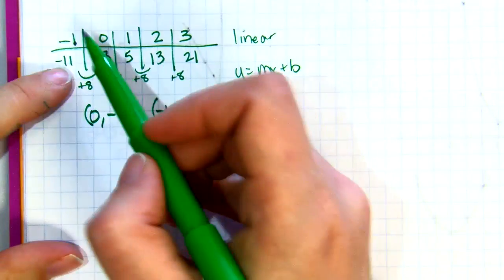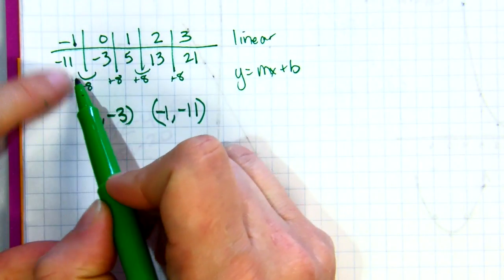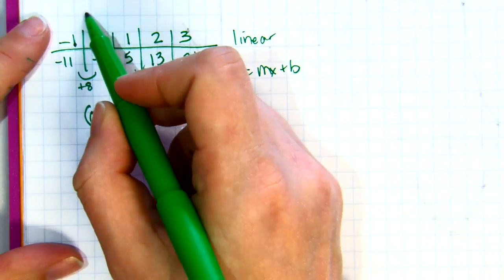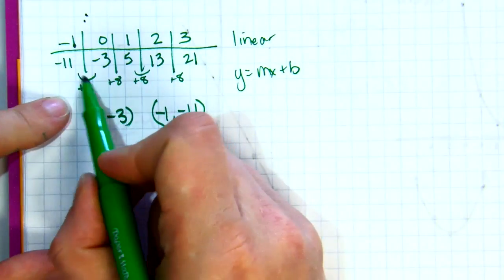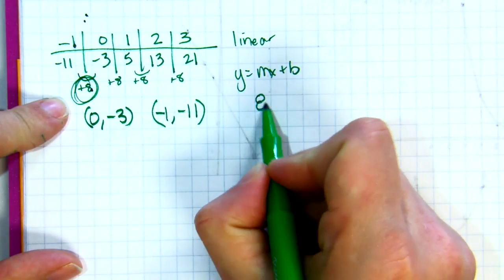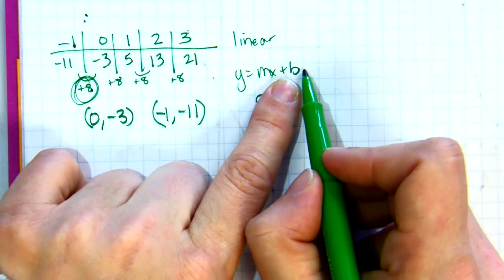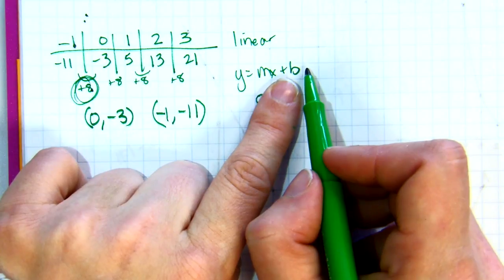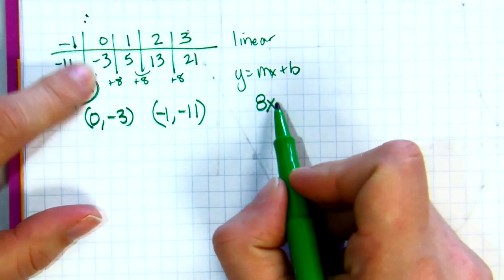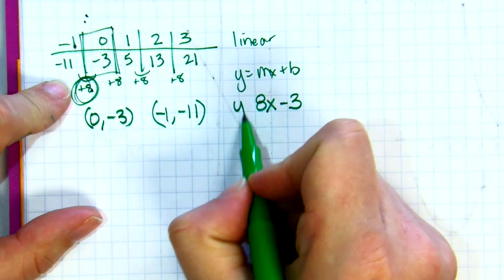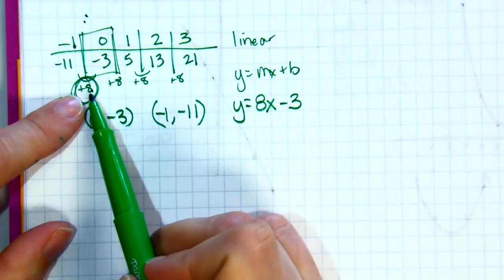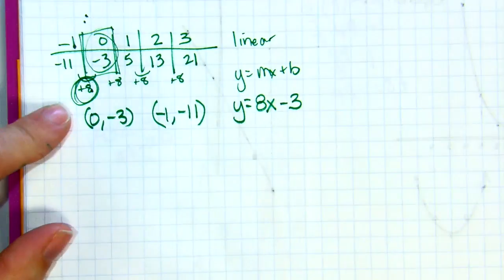But I don't even really need to do that because I can see my change in y over my change in x. I'm adding 8 for every 1. So my slope is this constant difference of 8. And then remember, b is your y-intercept, where x equals 0. So my b value comes from this point right here: y = 8x - 3. That was super easy. So constant difference is your slope, and then your intercept came from that table.